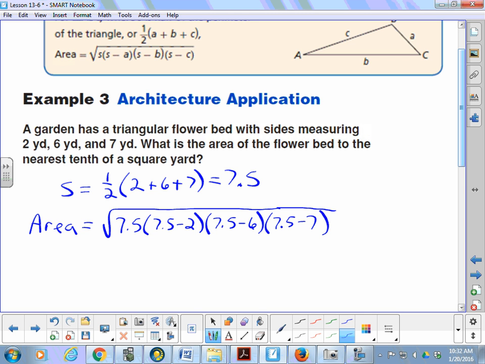You can calculate each of those numbers first, or you could type the whole thing in your calculator as it is. Either way, to get the answer.